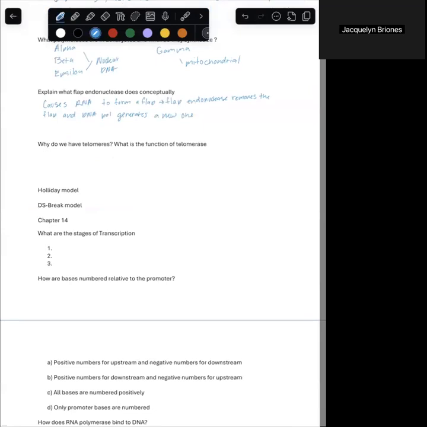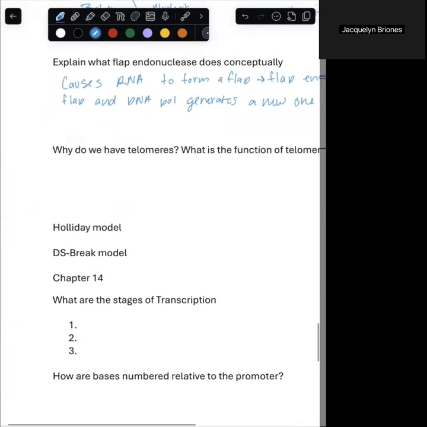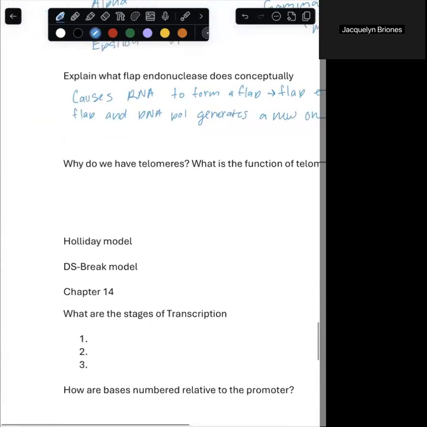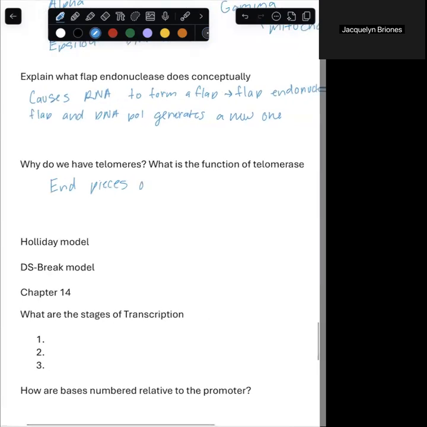Why do we have telomerase and what is the function of telomerase? It's telomeres, I said telomerase, right? So telomeres are the end pieces of DNA.